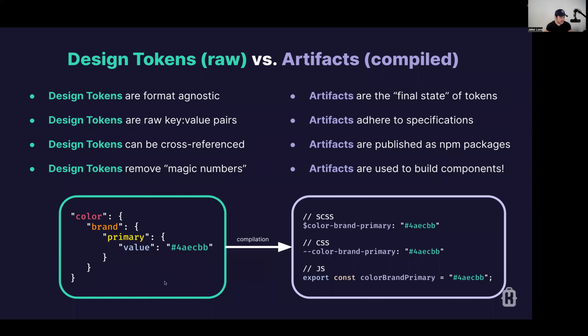I don't have this example here, but if we had color black available, instead of using this hex code, we could reference the color black with color black value. If we were to set up something like that, we could have hierarchies of our tokens, and we could start to work towards having themes all the way at this level before we're even getting to Sass or CSS or JavaScript.